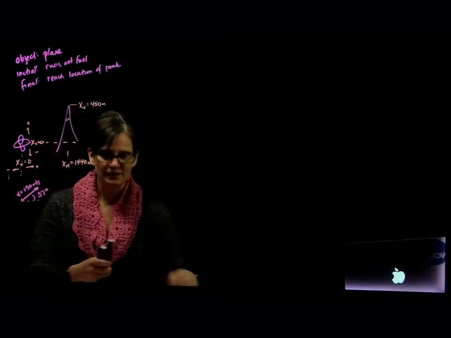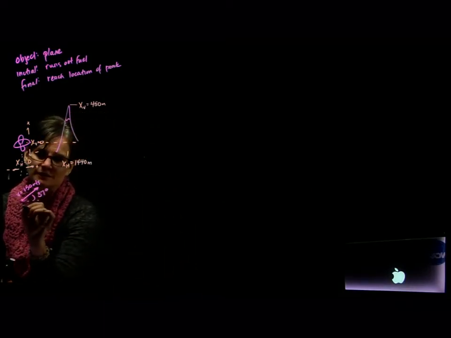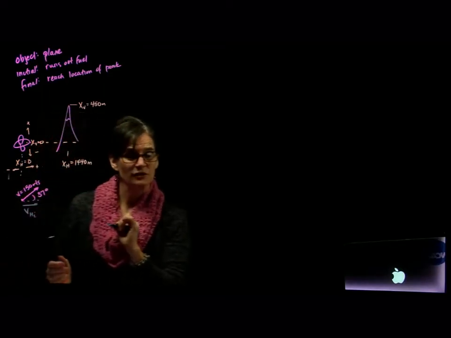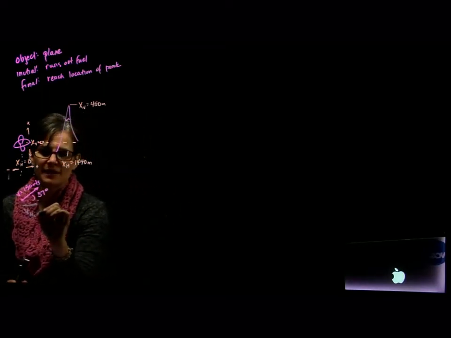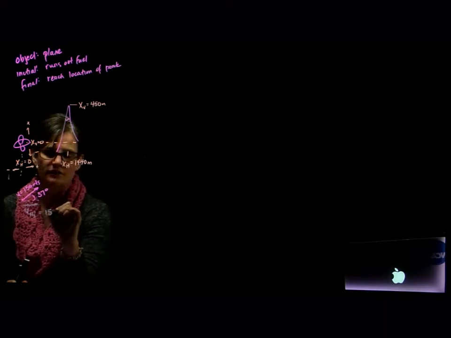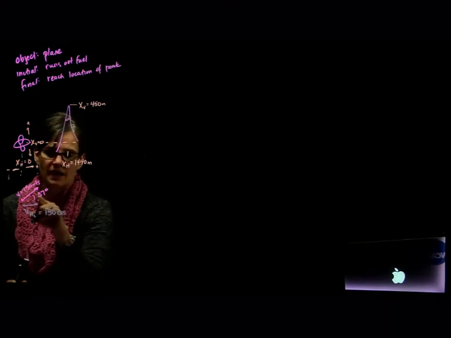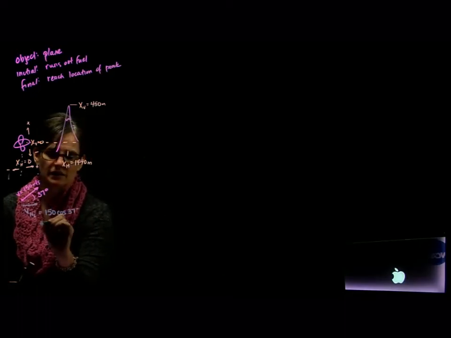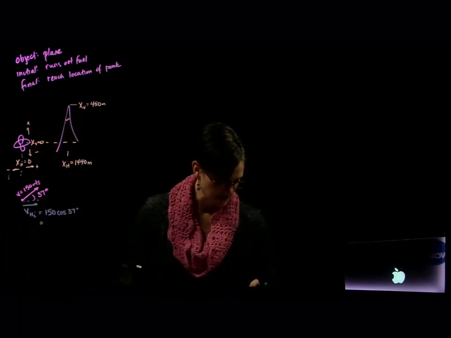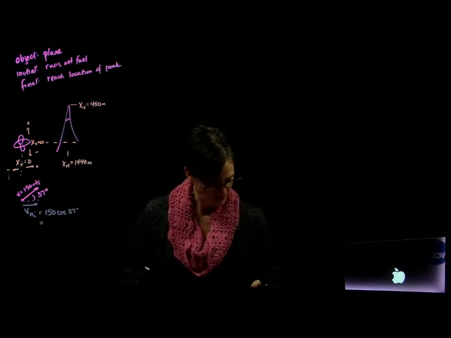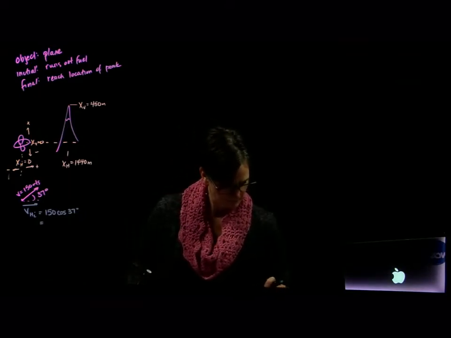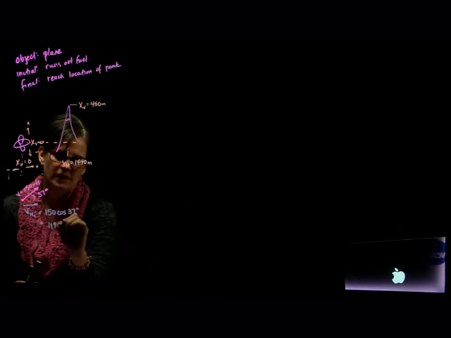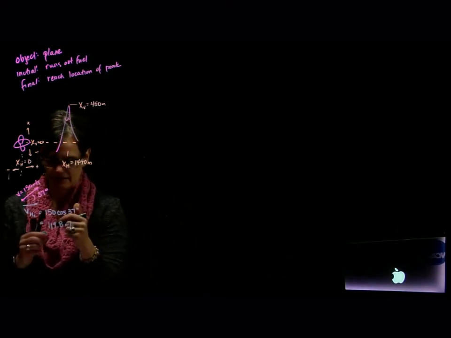So our initial velocity in the horizontal direction is going to be 150 times the cosine, the adjacent, of 37 degrees. So our initial velocity in the horizontal direction is equal to 119.8 meters per second.